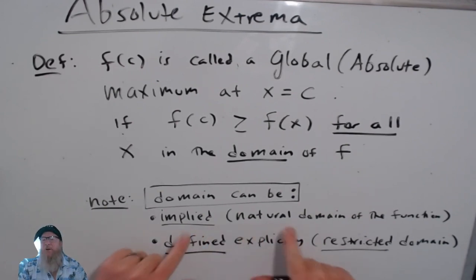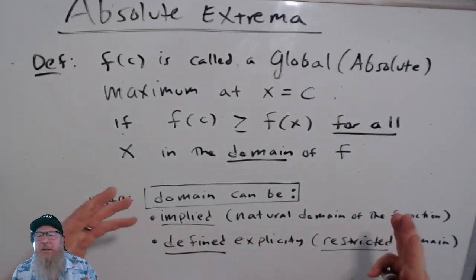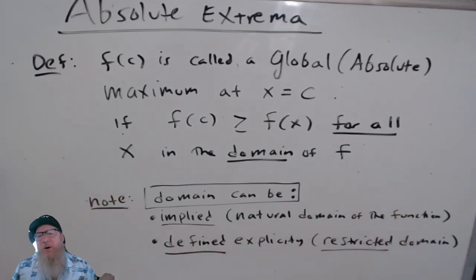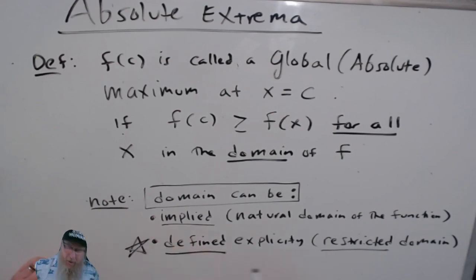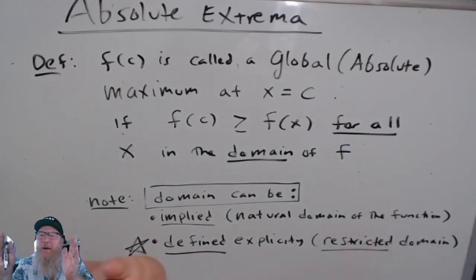It can be natural, which means that I give you a function and I don't say what the domain is. I probably won't do that in today's lecture, but maybe I'll do it once just to tell you how that works. But the most common one, at least in this part of the course, is I explicitly define what the domain is, and we call that a restricted domain.